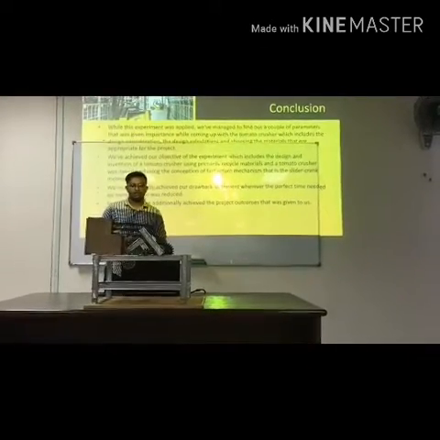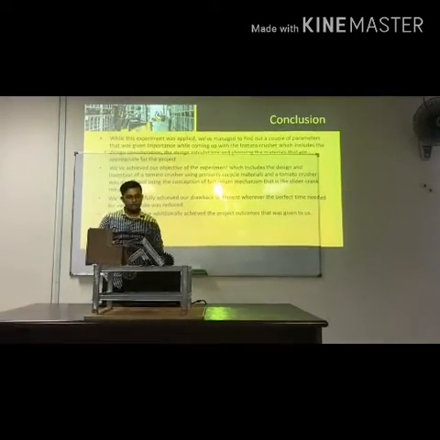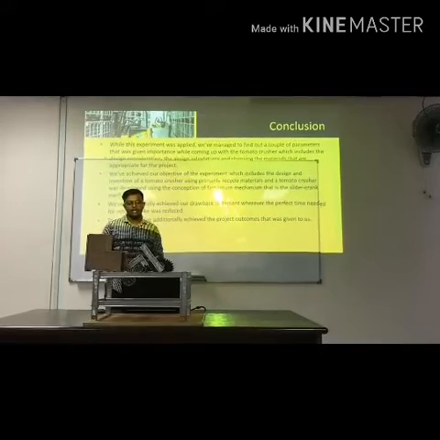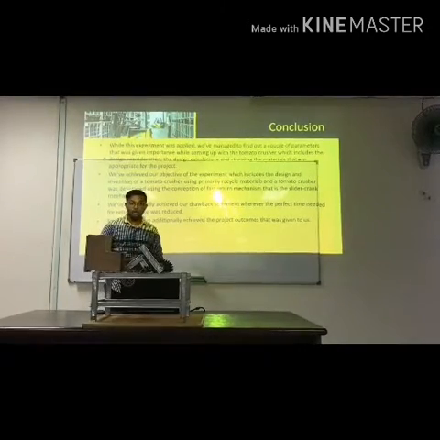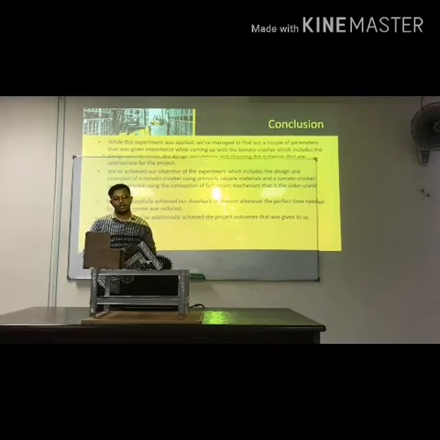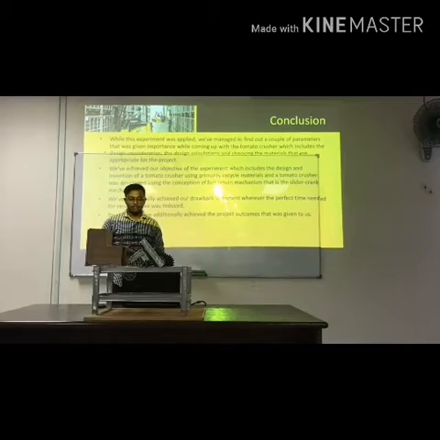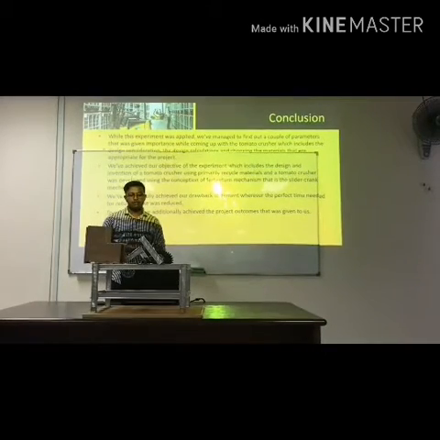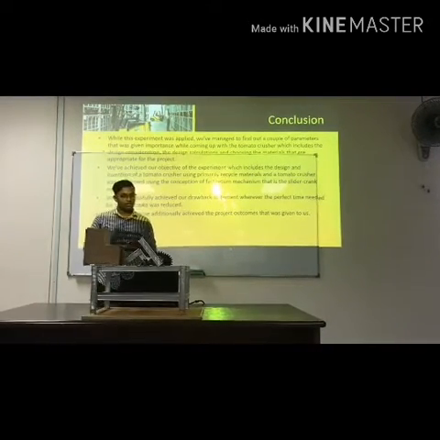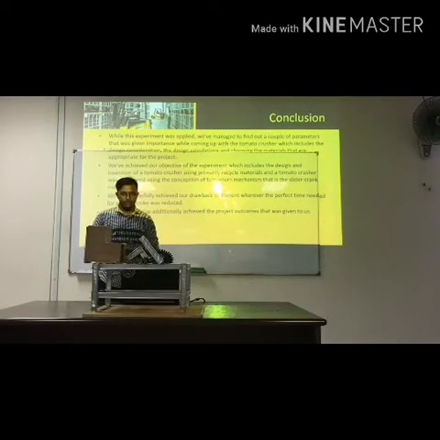We've achieved our objective of the experiment, which includes the design and invention of a tomato crusher using primarily recycled materials, and a tomato crusher was developed using the concept of a quick return mechanism, that is the slider crank mechanism. We successfully achieved our problem statement wherein the time needed for the return stroke was reduced. To sum up, we've also achieved the project outcome that was given to us.